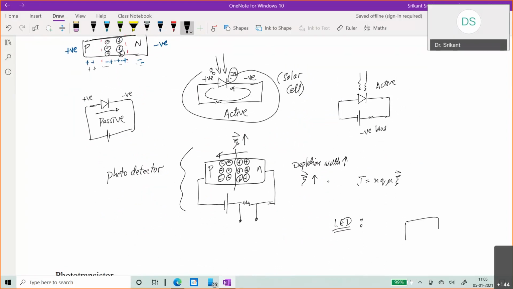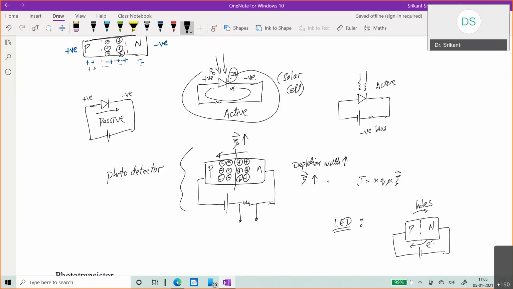So it's a regular PN junction diode. And now what we say is that if I forward bias this diode, then you expect that current will flow, that holes will get injected on one side and electrons will get injected in the forward bias. This is regular behavior of a diode.